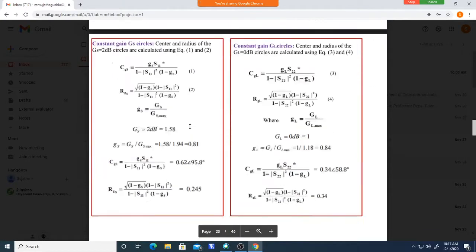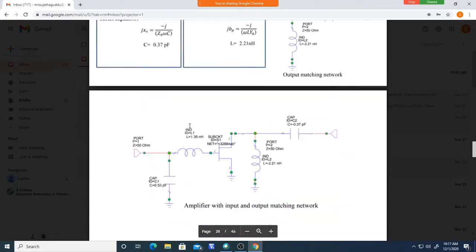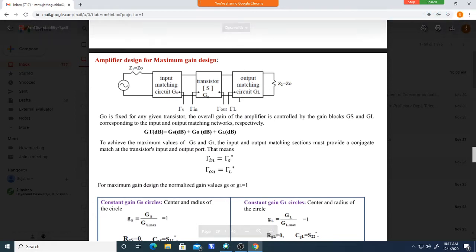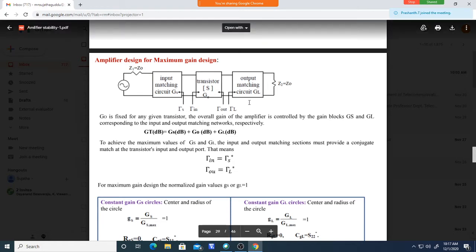Now, to obtain the maximum power, the required condition is on tau in. Tau in depends upon the ZL value, whatever load is connected. So tau in must be the complex conjugate of tau s, then maximum power will be delivered. This is the condition.